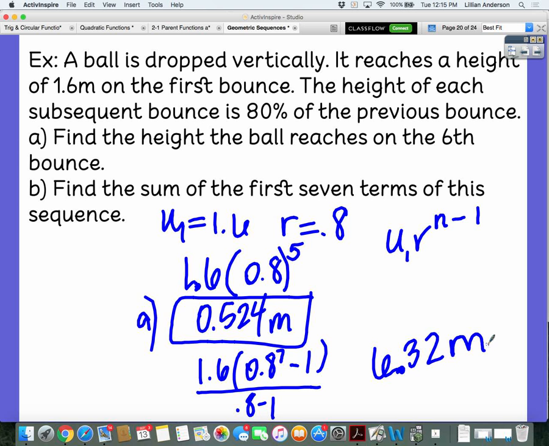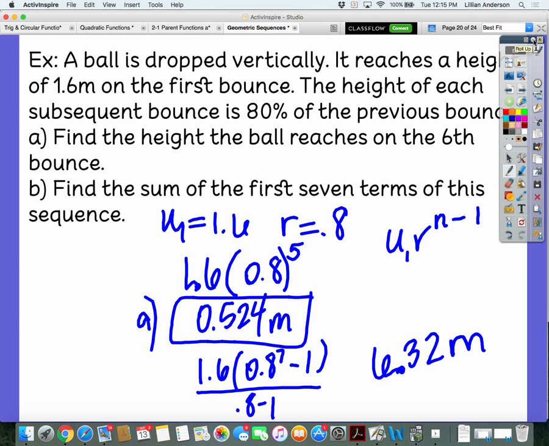Questions on this? Okay. I'm going to do a follow-up question to this particular problem. Does everybody have this written down? So I'm clear to write my next question.